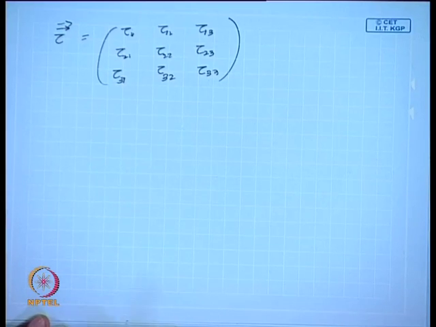I can compare with the previous expression for tau, and I can get the 3 normal components and the 6 tangential components of the stress tensor.